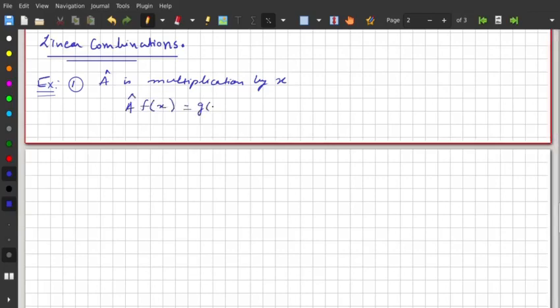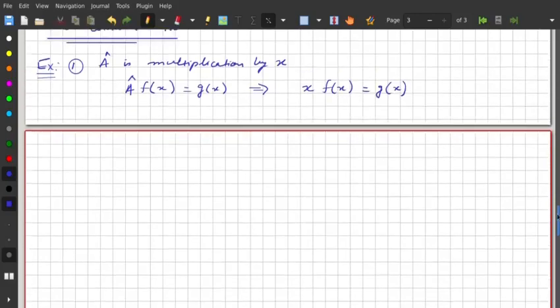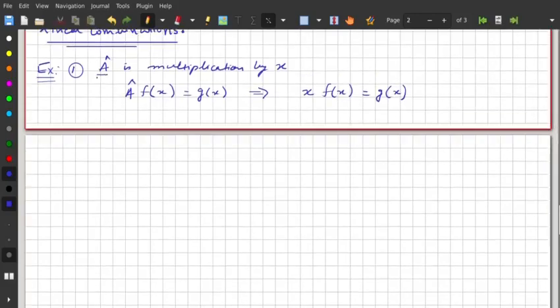So in this case, since the operator is multiplication by x, that means what we have in mind is x times f of x is g of x. Okay, so that's a very simple example of what that operator can be. An operator can be as simple as just multiplication by, let's say, x here.